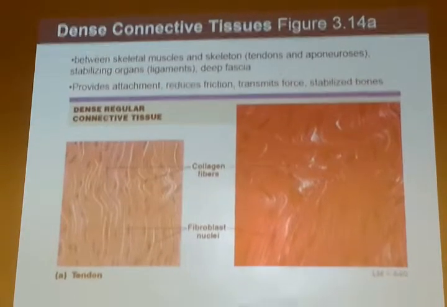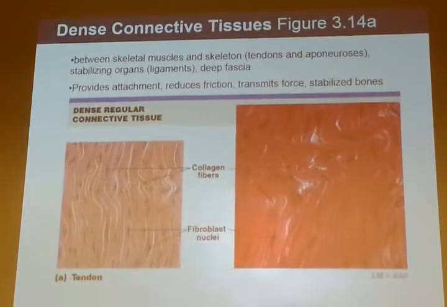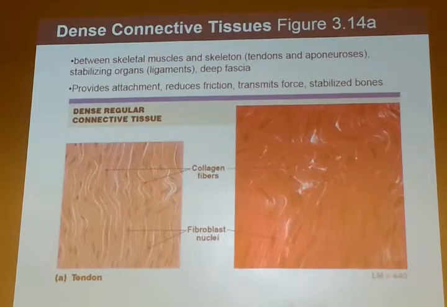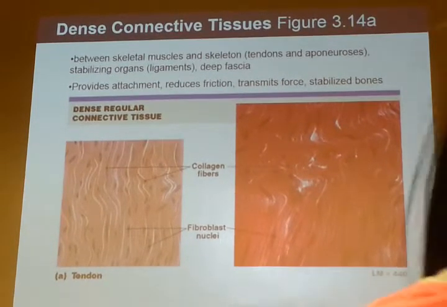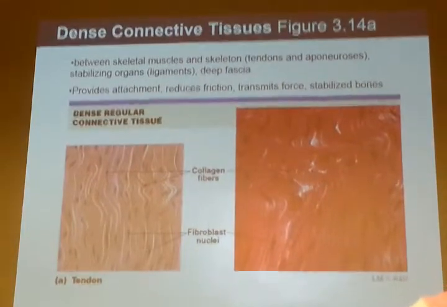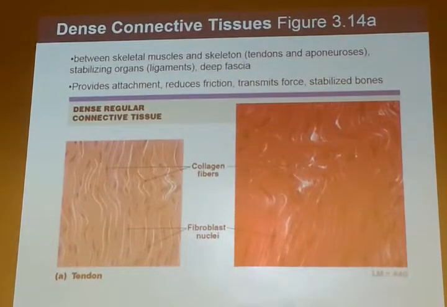A tendon has a sheath around it, and you have synovial fluid in that sheath, and that's what decreases the frictional force. But the tendon is designed to be smooth enough that it's not going to create a lot of frictional forces itself. Transmits force: you contract your muscle, the tendon transfers it to the bone, and your joint will change shape.